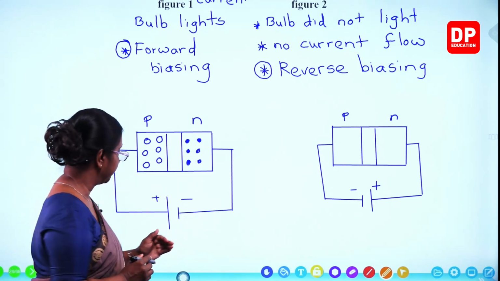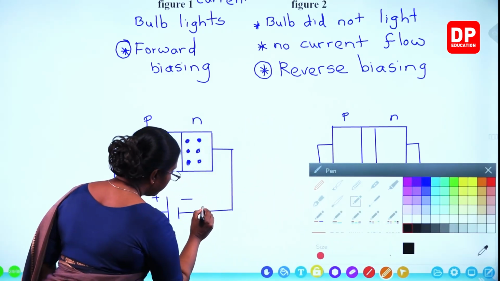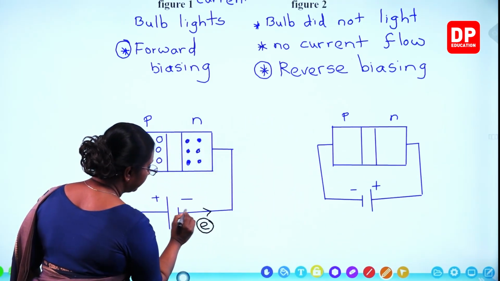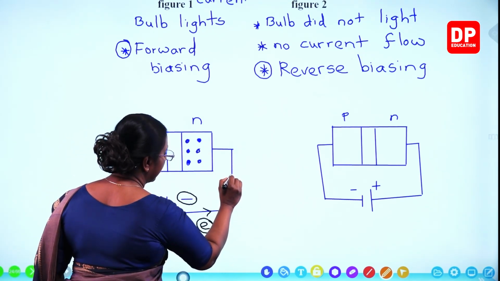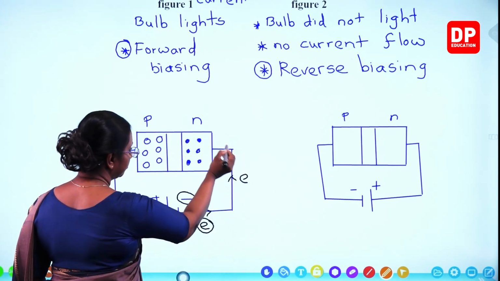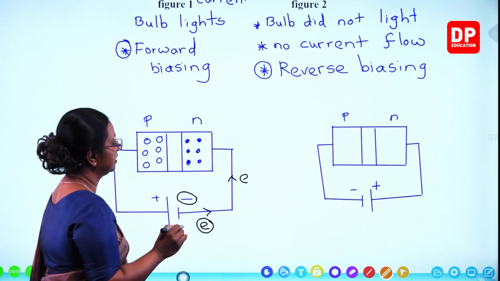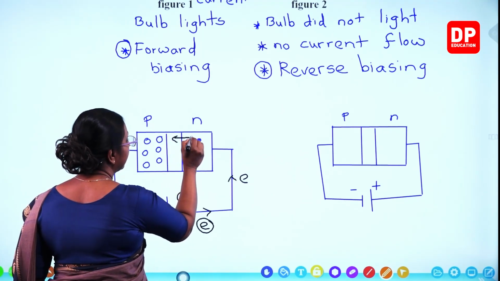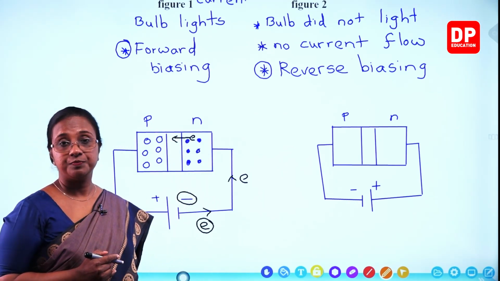So the negative terminal will try to push the electrons. Because of that, the electrons will flow into this N region, and there they will be pushed towards the depletion layer.